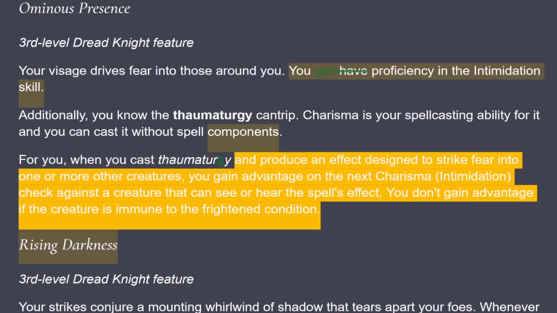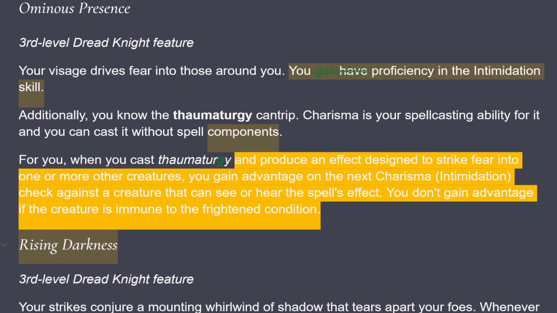So if I was doing a 5.5 conversion, I would probably just cut all this and just say you get the Thaumaturgy cantrip. And if you want to say without verbal components, well, I don't know. Booming Voice already lets you say something, and saying something and sounding booming and scary is already kind of the verbal component.